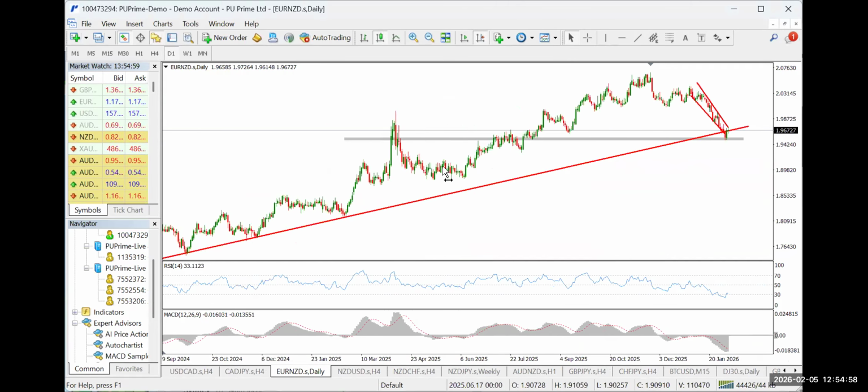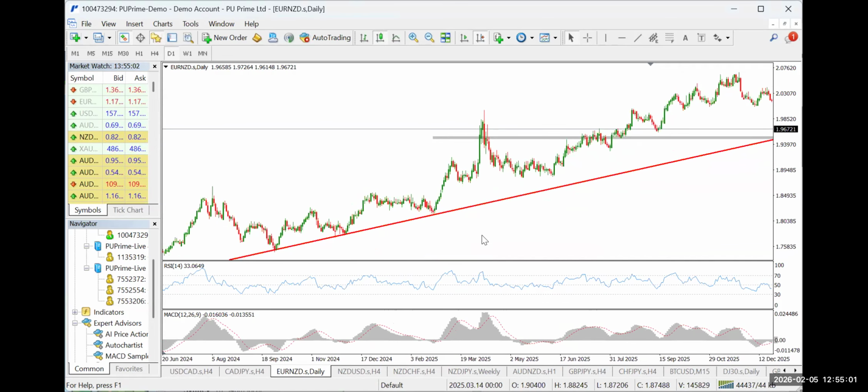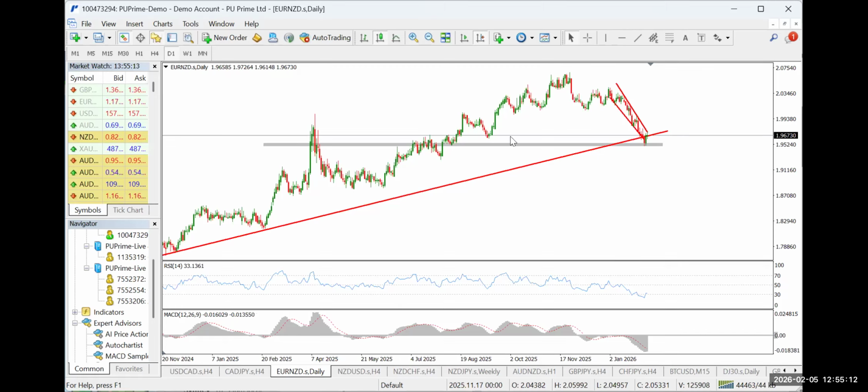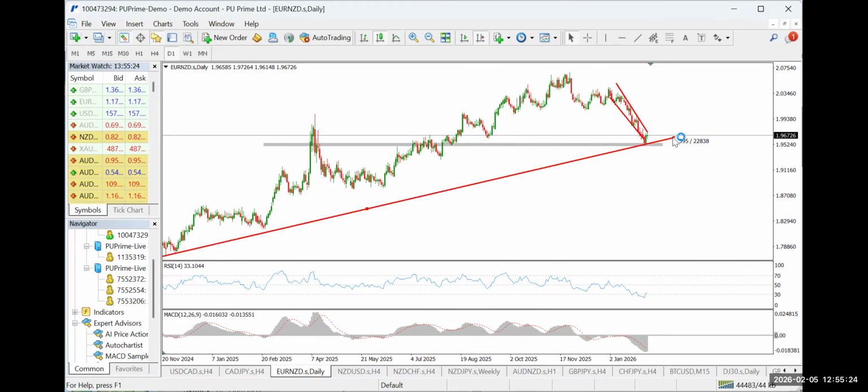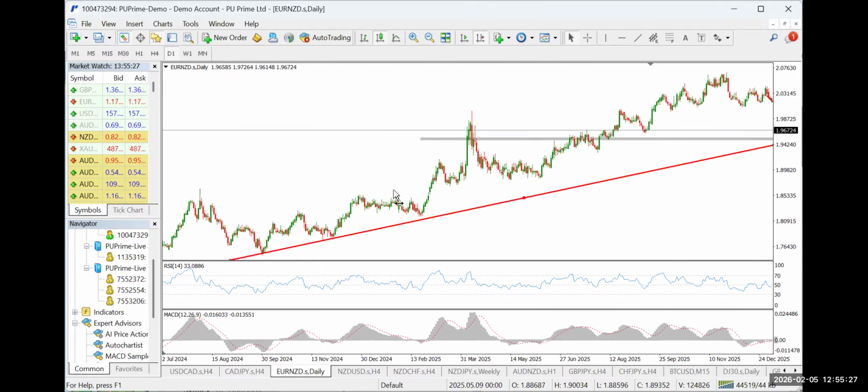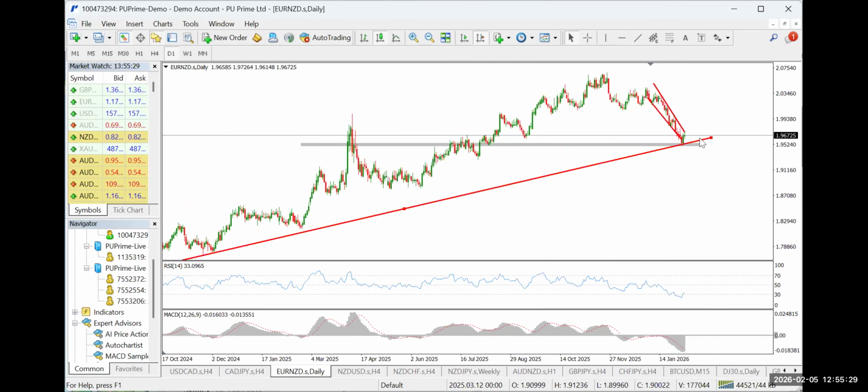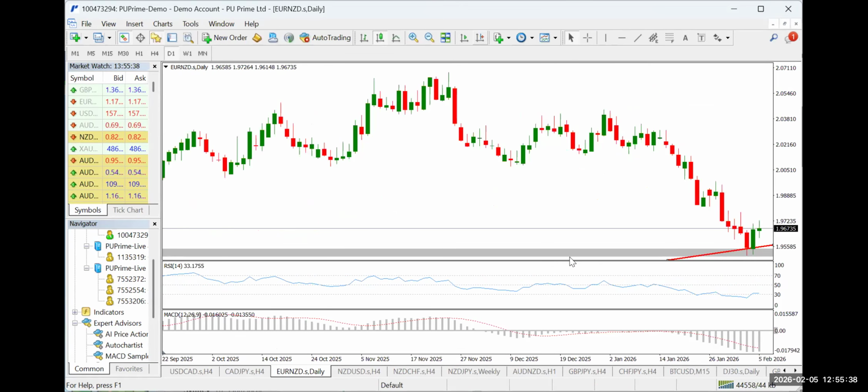Now for the Euro NZD, on the daily time frame again, we can see price is trending, making a series of higher lows. This is not touching, but very close. So let's add a higher low again. And price eventually also hits a very, very minor support here, which might look insignificant in a way. But even if we choose to ignore that minor support, I will not ignore the reversal candlestick pattern that happened between Tuesday and yesterday.